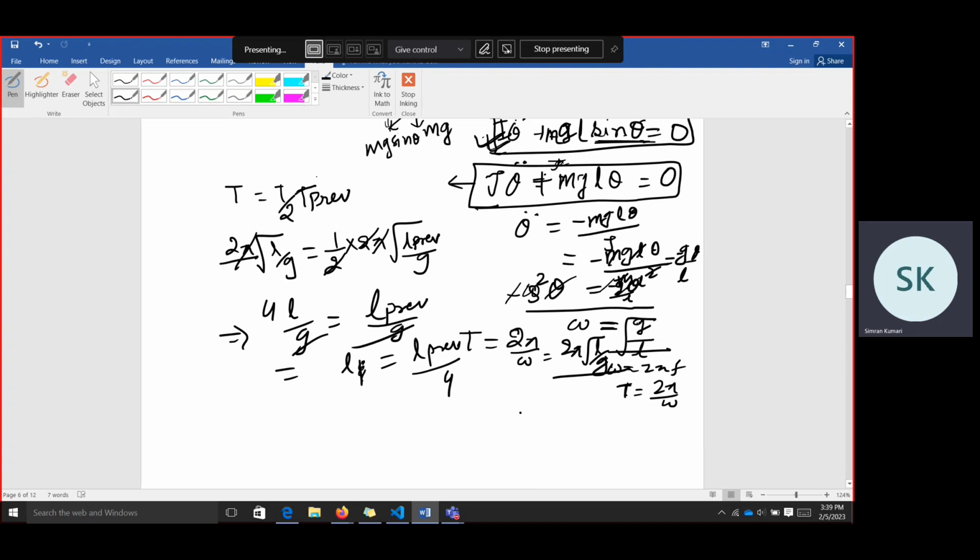So basically I can say that this is J theta double dot equal to minus mgl theta. Okay, so simply I can say that theta double dot is minus alpha theta. So this is one thing that I can say, and from there I can get this mg by l theta. So the theta will cancel, so theta square.